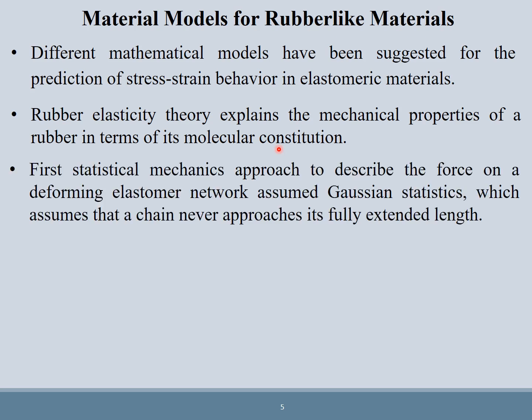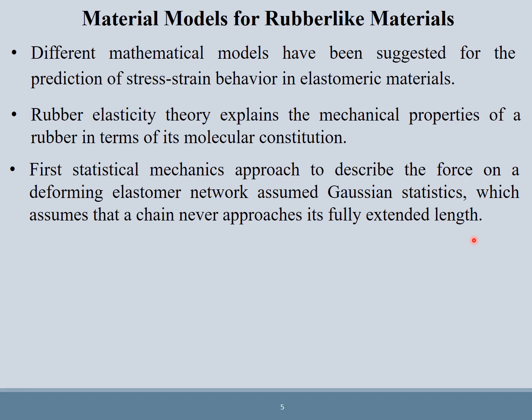Now first, a statistical mechanics approach to describe the force on a deforming elastomer network assumed Gaussian statistics. So the first basic material model follows Gaussian statistics, which assumes that a chain never approaches its fully extended length.